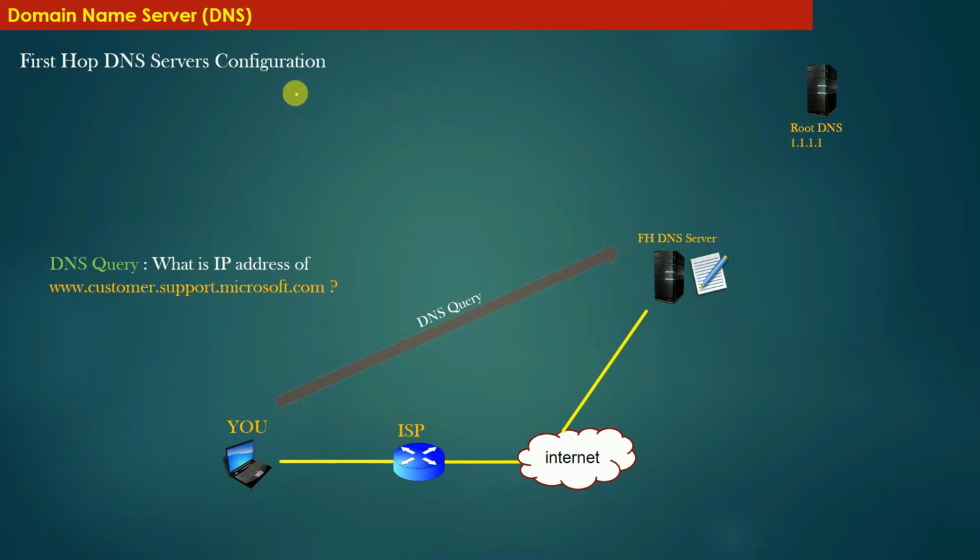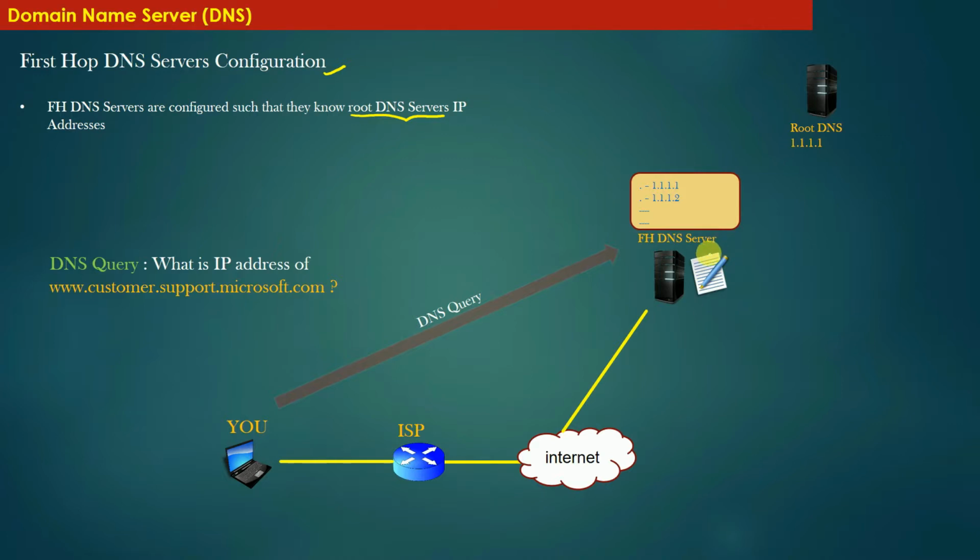So guys, let us try to understand the configuration that we need to do on a First Hop DNS server. First Hop DNS servers are configured such that they know the IP address of root DNS servers. So you can see that we have a First Hop DNS server, and the DNS database of this First Hop DNS server is populated with the IP addresses of root DNS servers.